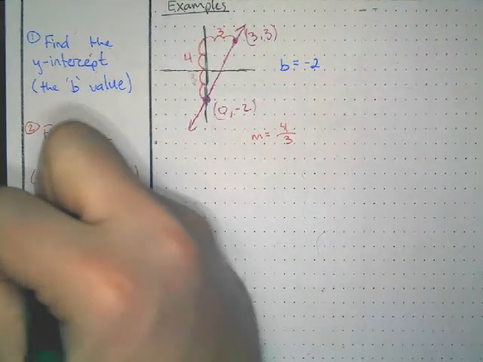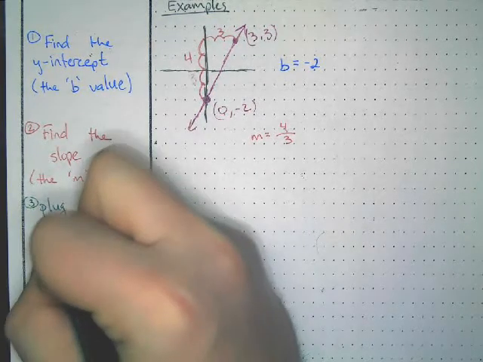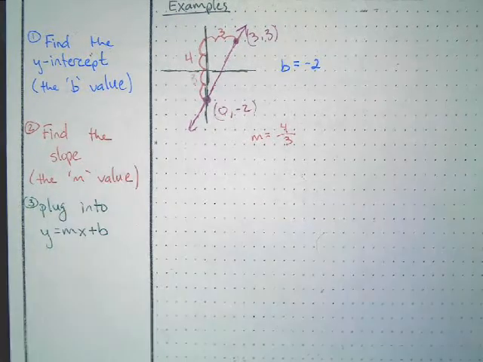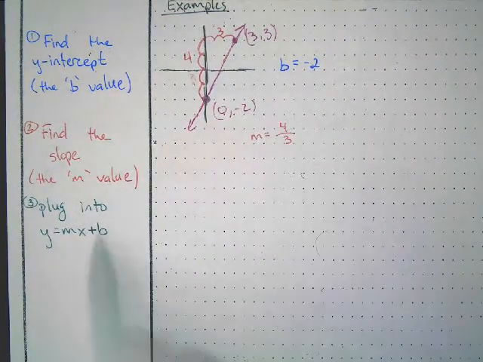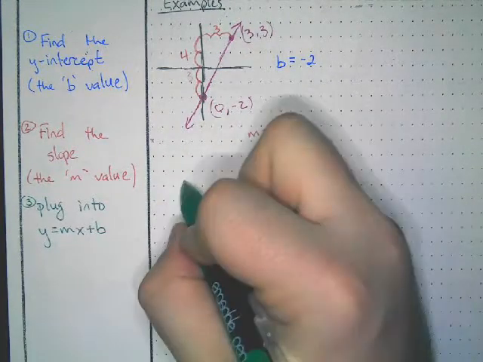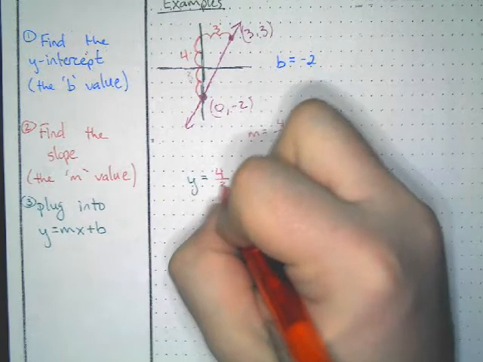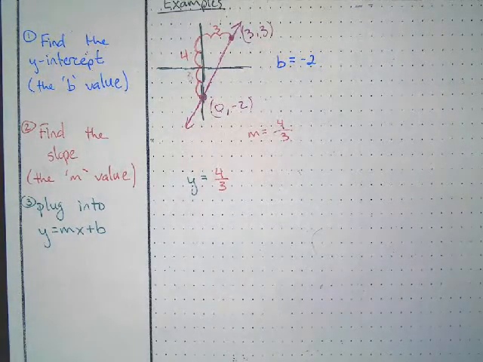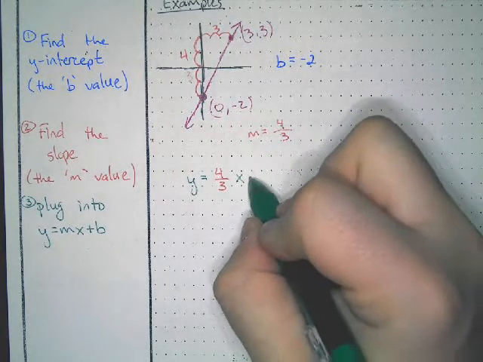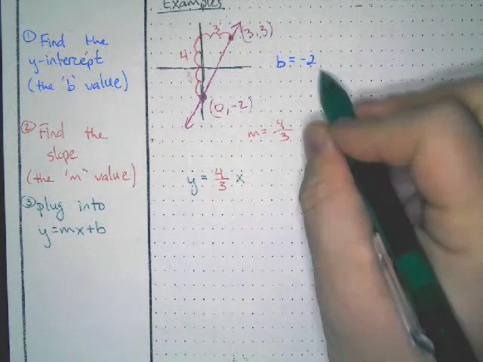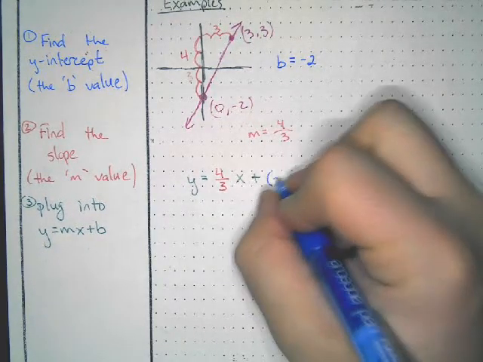And the last thing, plug in. Plug into y equals mx plus b. So we have our m, we have our b, and we just plug in. So I'd have y equals 4/3 x plus -2.